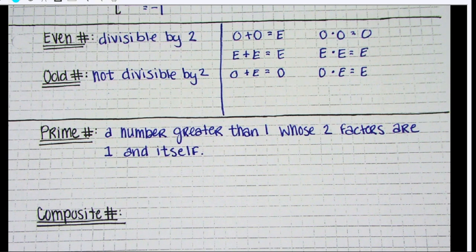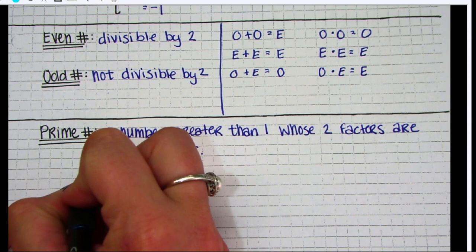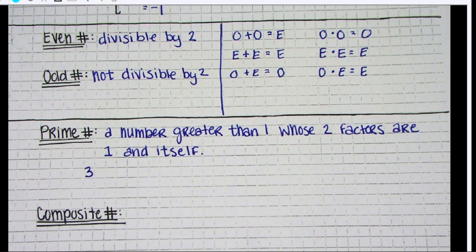What is the smallest prime number? No, it's not 1. It's got to be greater than 1. 3. Okay. 3 is the smallest prime. 7's a prime number.